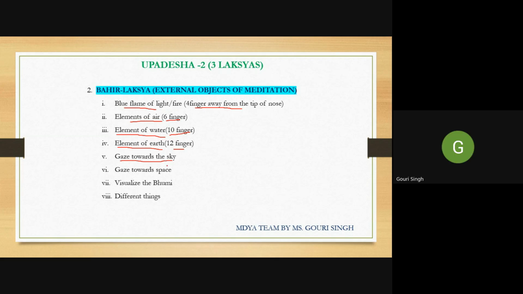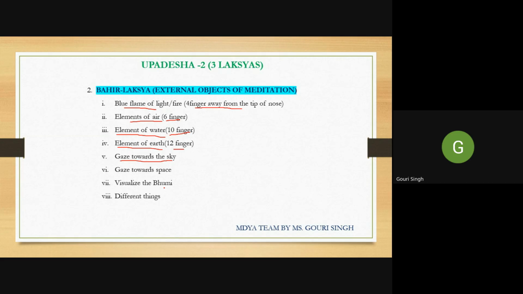Here, elements of air or elements of water are not defined in this text. But if you try to understand, elements of air means the area from which the air is coming out.